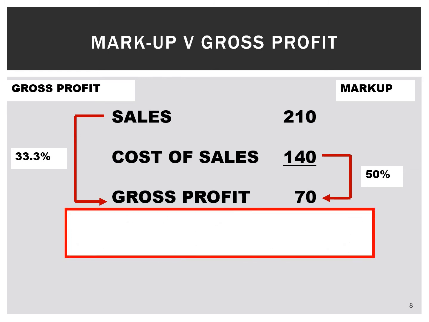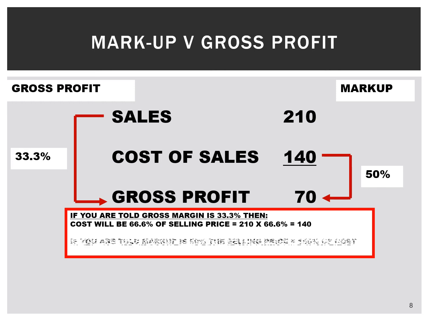So if we want to calculate the cost of a particular item and we're told that the gross margin is 33 1/3%, then the cost price will be 2/3, 66.6% of the selling price, which will give us the 140.